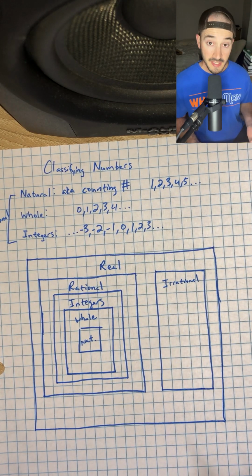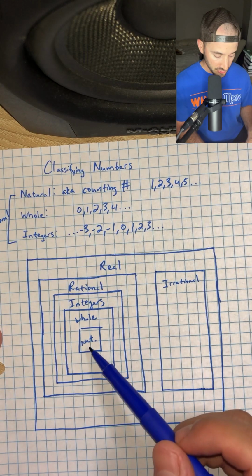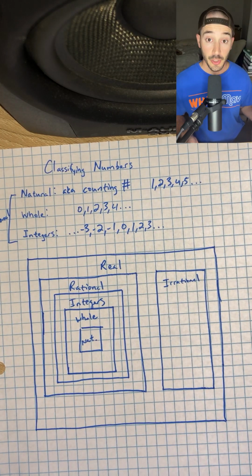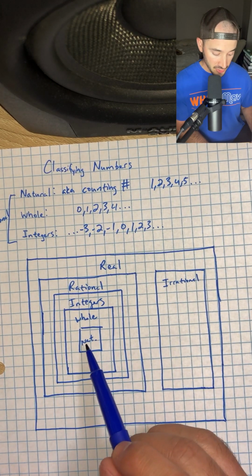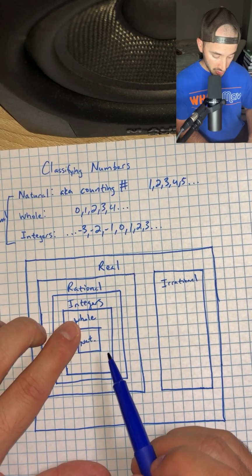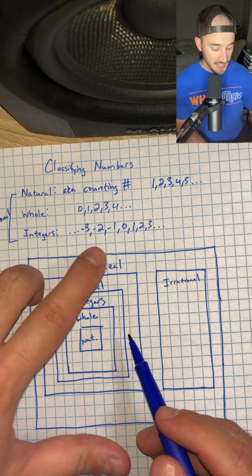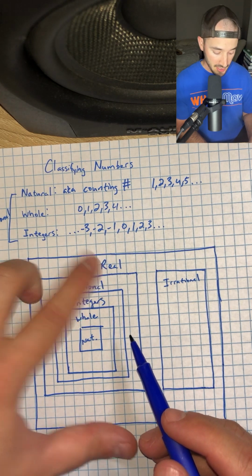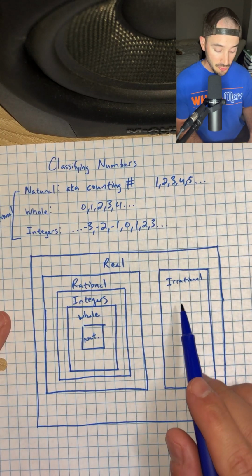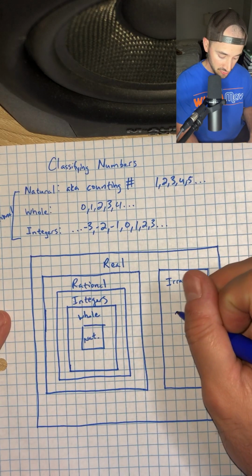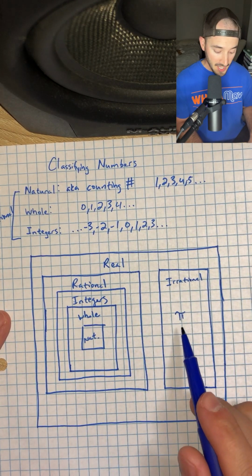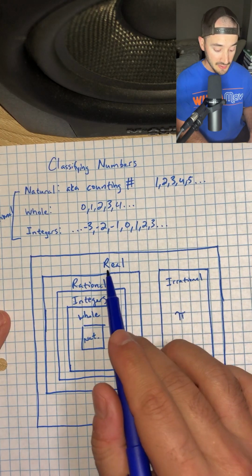So what this means is that if we have a natural number, so let's just say it's 3, okay? 3 is a natural number, which means it's also a whole number, which means it's also an integer, a rational number, and a real number, okay? Let's go to an irrational number. If we have an irrational number like pi, so pi is irrational and it is also real.